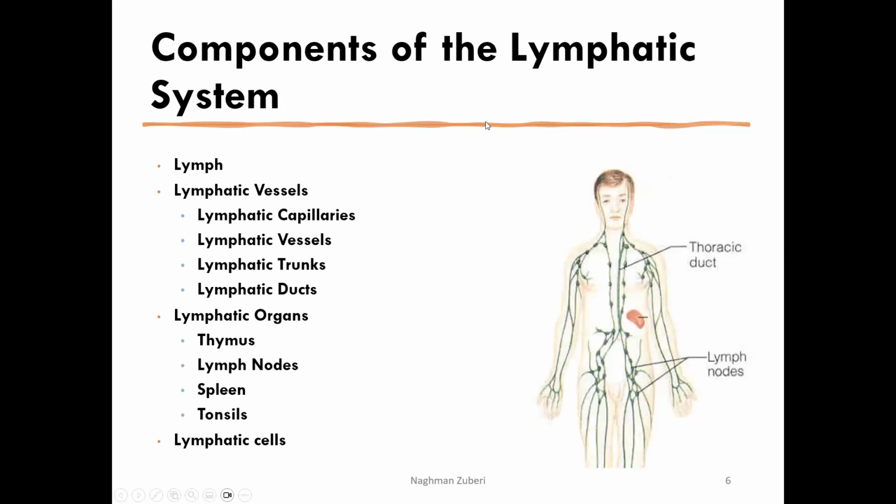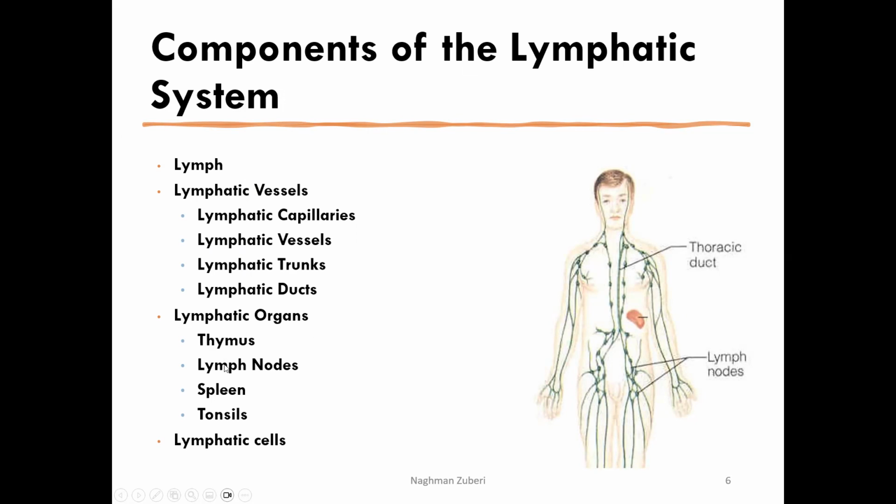If we look at the components of the lymphatic system, first there is lymph, the fluid which I told you has been absorbed by the lymphatics. Then the lymphatic vessels: these are lymphatic capillaries, lymphatic vessels, lymphatic trunks, and lymphatic ducts.